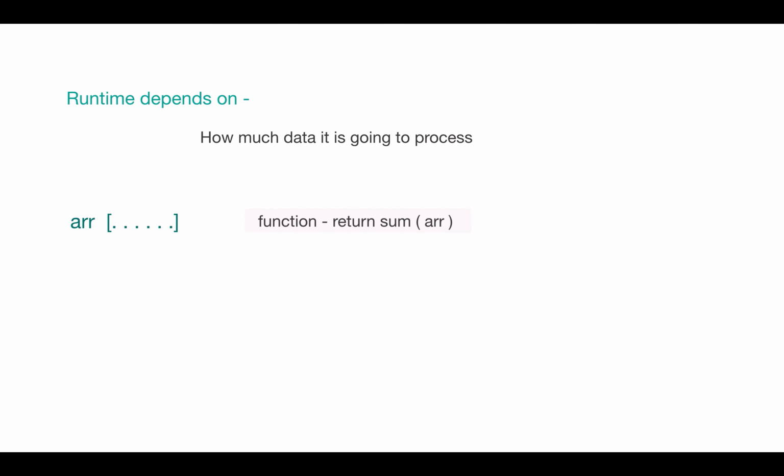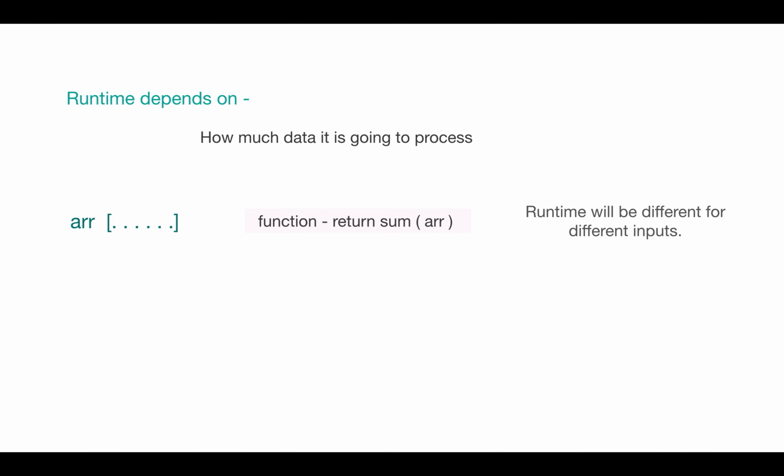Other than these system-specific dependencies, the runtime of any algorithm also depends on how much data it is going to process, that is, on the size of the input data. For instance, think of a case where you have an array of size 10 and your function returns the sum of its elements. Maybe it's going to take a few nanoseconds.